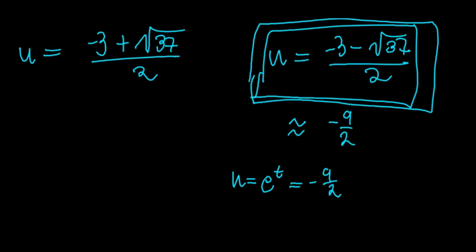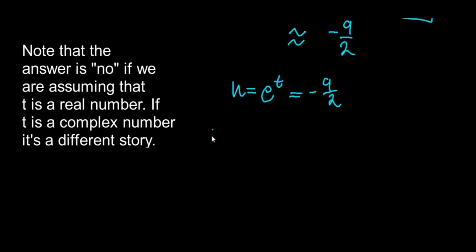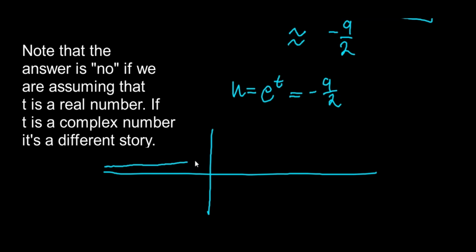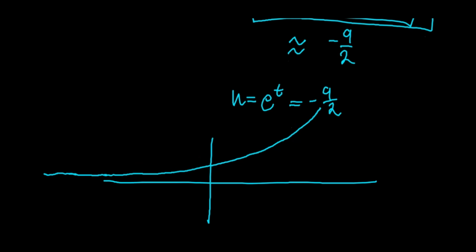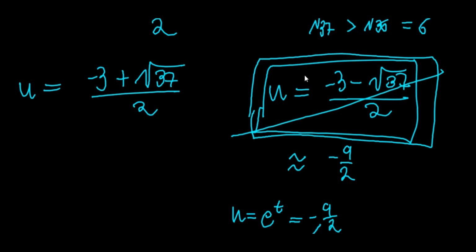Is that possible? The answer is no. Remember, the graph of the exponential function looks like this. It never attains a negative value. It gets really close to 0, but it never drops below 0. So we can throw this root out, because e to the t cannot possibly be a negative number.